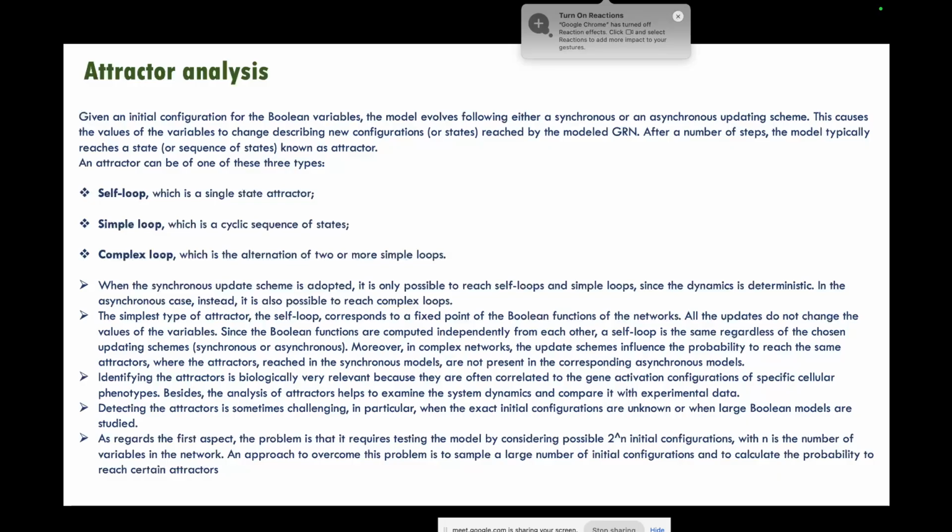After a number of steps, the model typically reaches a state known as an attractor. So what is this attractor state? It can be a self loop, which is a single state attractor. It can be a simple loop in which a cyclic sequence of states is present. And it can also be a complex loop, which is an alternation of two or more simple loops.